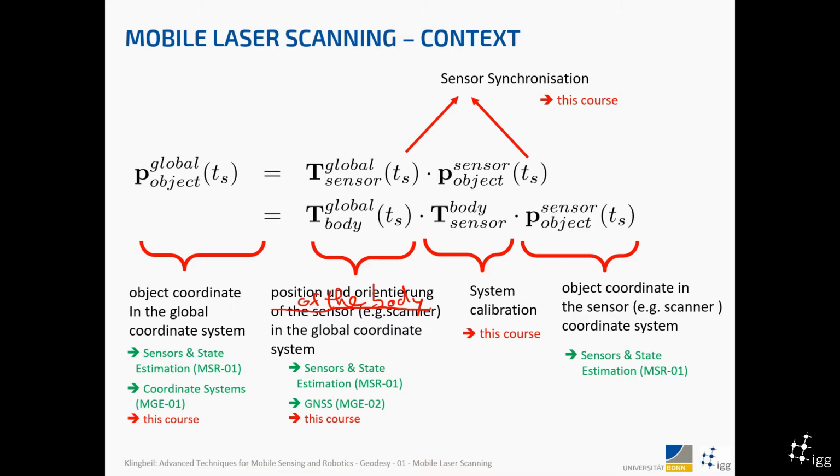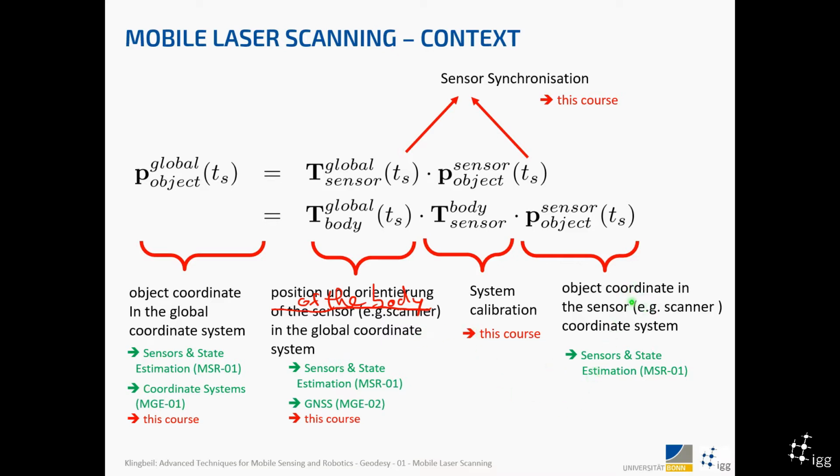Okay, this is of the sensor. This is the system calibration telling us where the sensor is in the vehicle or in the body, and this is the position and orientation of the body in the global coordinate system, and this is then the goal. And this now gives us the context of what we're talking about this semester, right? So there are several things you heard already, and you heard some lectures about it, right?